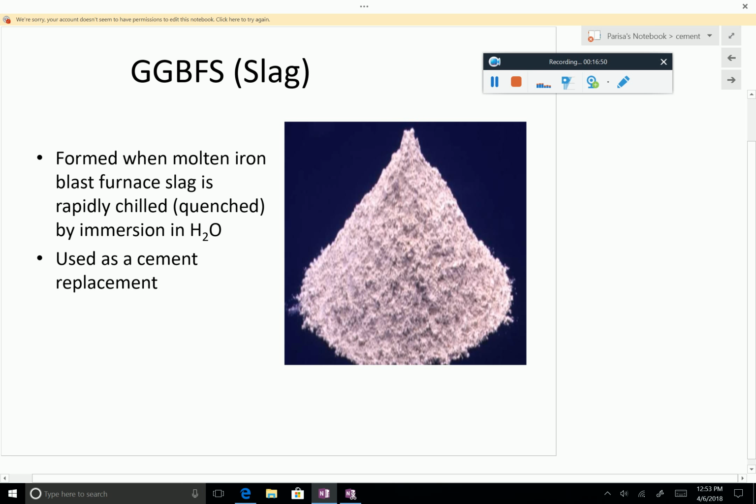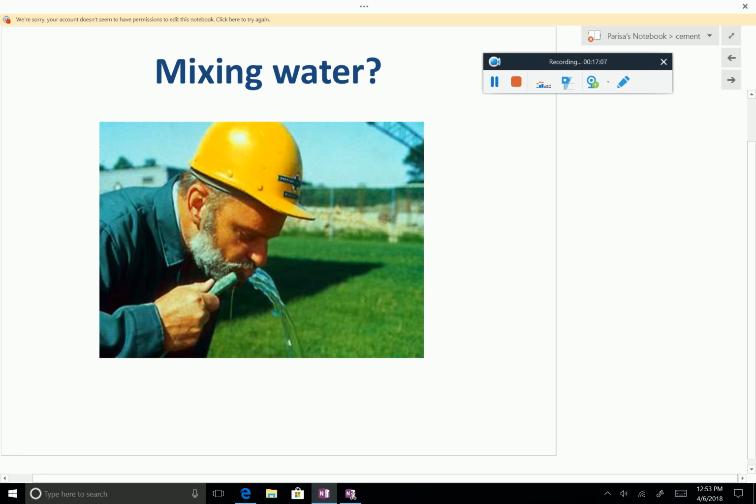And then slag, we learned before that it's basically what you get at the bottom of a blast furnace, and it can be used as cement replacement, so it's very useful. There are more details in the book if you're interested. It's more important to understand the main concepts here.